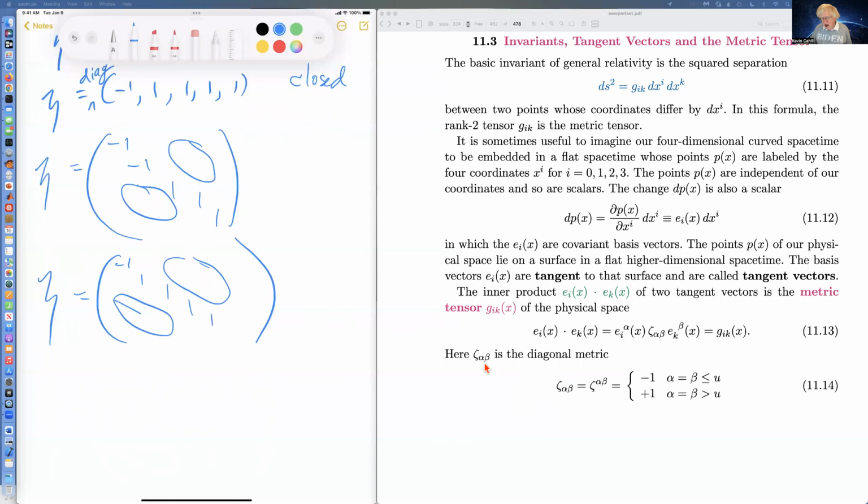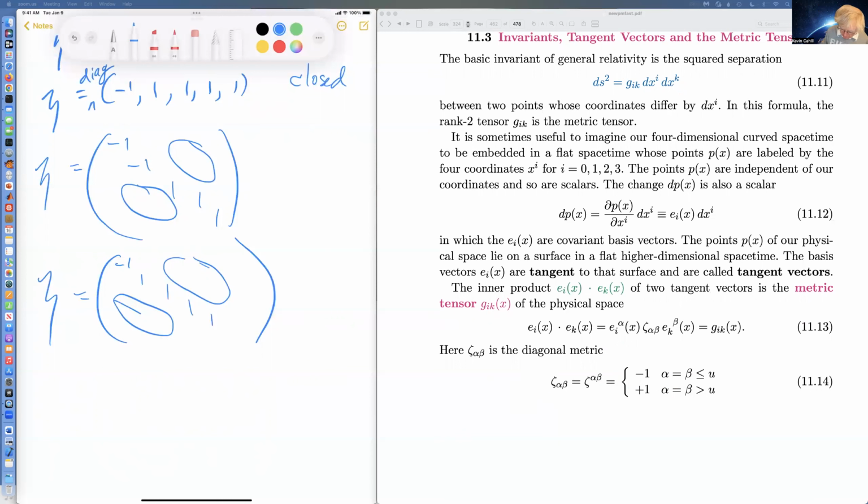So in general, it's a diagonal matrix, that is, I should have said that it's 0 when alpha is not equal to beta. And let me see if I can fix that on the fly. So let me try.